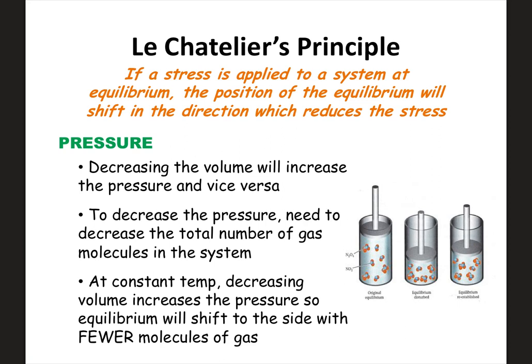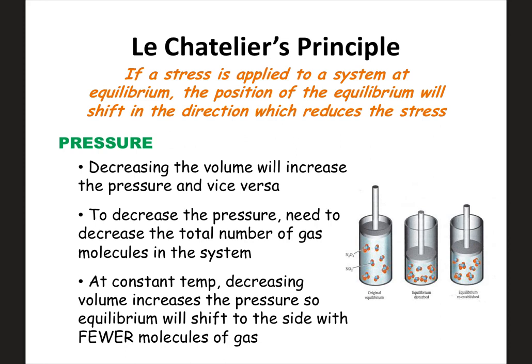As long as you're not changing the temperature, if you drop the volume, that will increase the pressure on the system. So the equilibrium will shift to the side with fewer molecules of gas because that will lower the overall pressure. Essentially, more molecules of gas are going to be used up in the reaction to form fewer molecules of gas, so the overall pressure will lower.